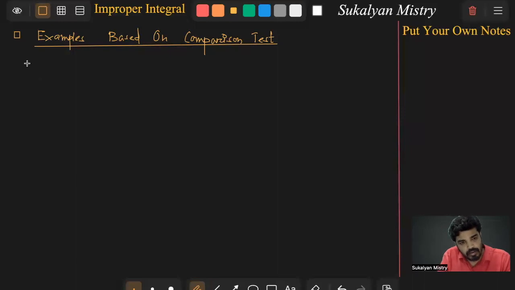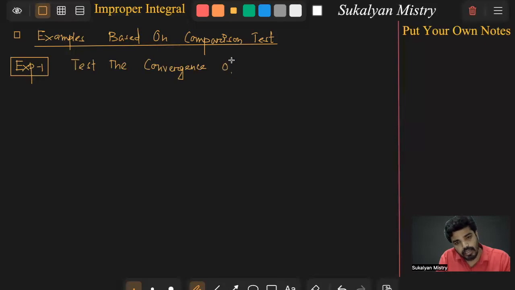Example 1. Test the convergence of the integral from 2 to infinity of dx divided by root over x square minus 1.